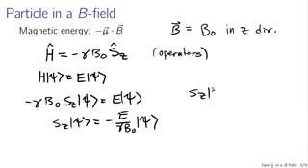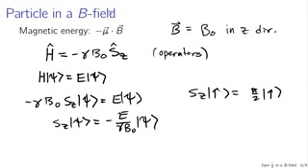S sub z acting on some state gave us plus or minus h bar over 2 times our eigenstate back, and we wrote our eigenstates as either plus or minus spin 1/2, either up or down. If I write this as up, I use the plus sign. If I write this as down, you use the minus sign. So we know about the eigenstates and the eigenvectors of the z component of angular momentum. That was what we used as a basis when we were expressing our Pauli spin matrices, for instance.